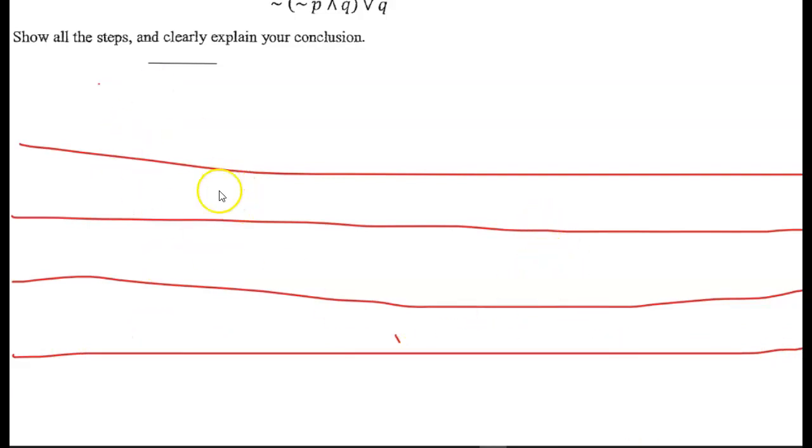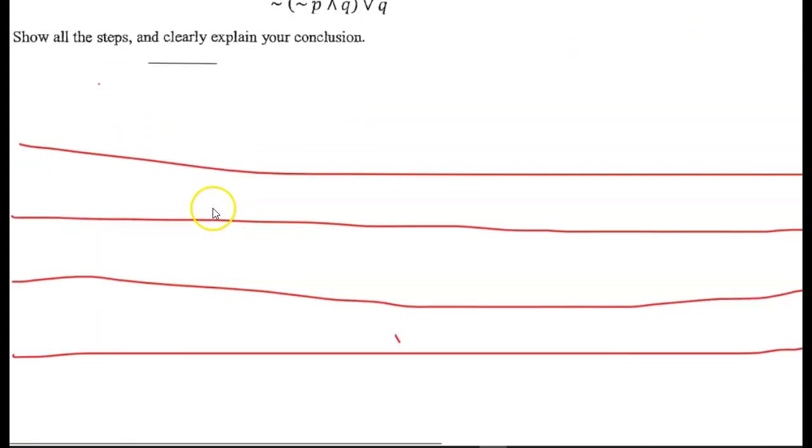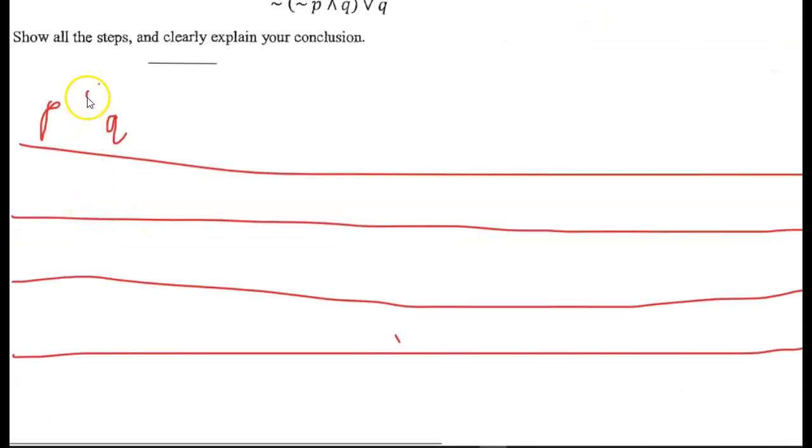Now, to know how many columns, this is how you phrase it. You start with something small in the statement over here and go big. Always when you're doing a truth table, you will have the 2 statements, or if you have R as well, then it will be 3 statements. But right now we have 2 statements. So we know P and Q will definitely be 2 separate columns.